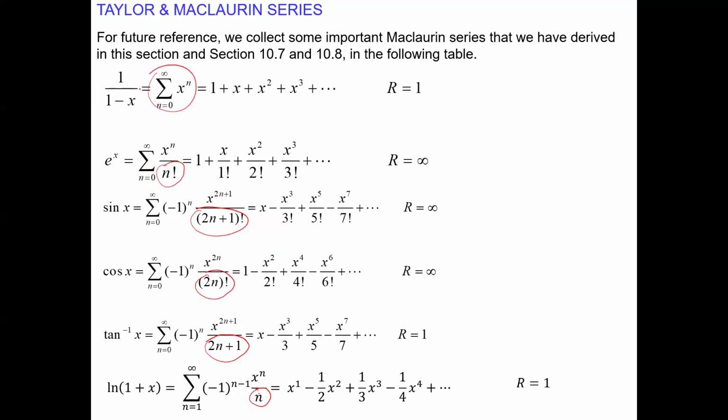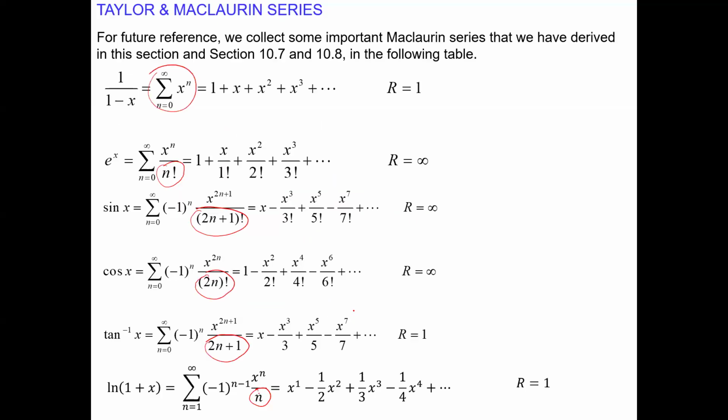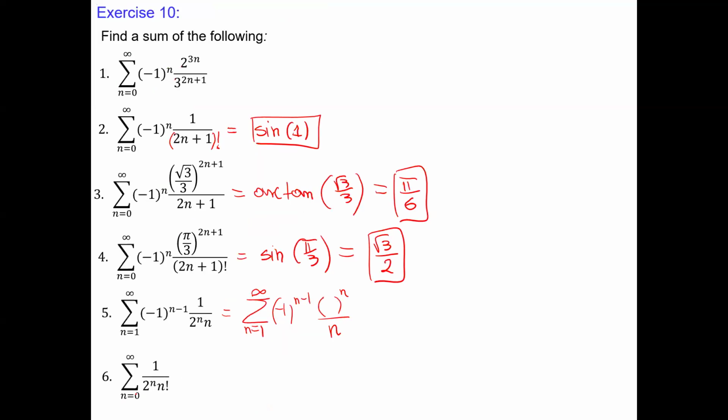And this one has no fraction. Okay, that means I see n, then let's match, starting with 1, -1, and -1, and then the quantity x to the power of n over n. We can see x to the n, and then it will be natural log 1 plus that quantity.